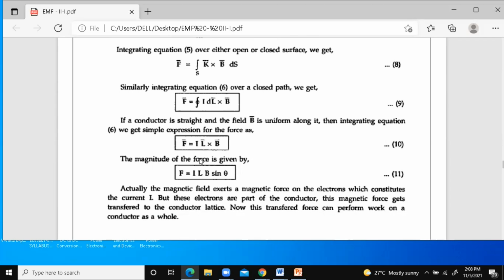So then, this is where you have a problem. So if this is where you use I dL, all we are saying is that the normal component to the flow would be sine theta. So you would replace L cross B by B sine theta.